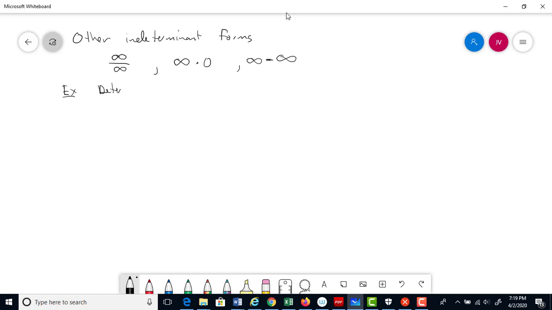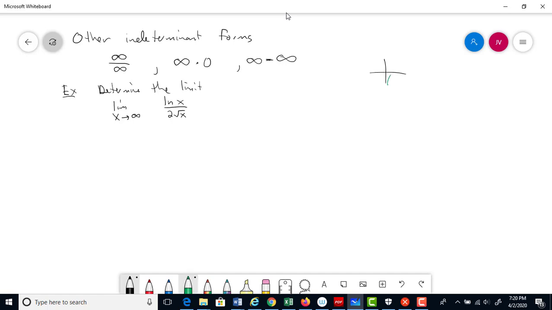Determine the limit as x approaches infinity of, say, the natural log of x all over 2 root x. What we know is that the natural log of x as you go to infinity does this.